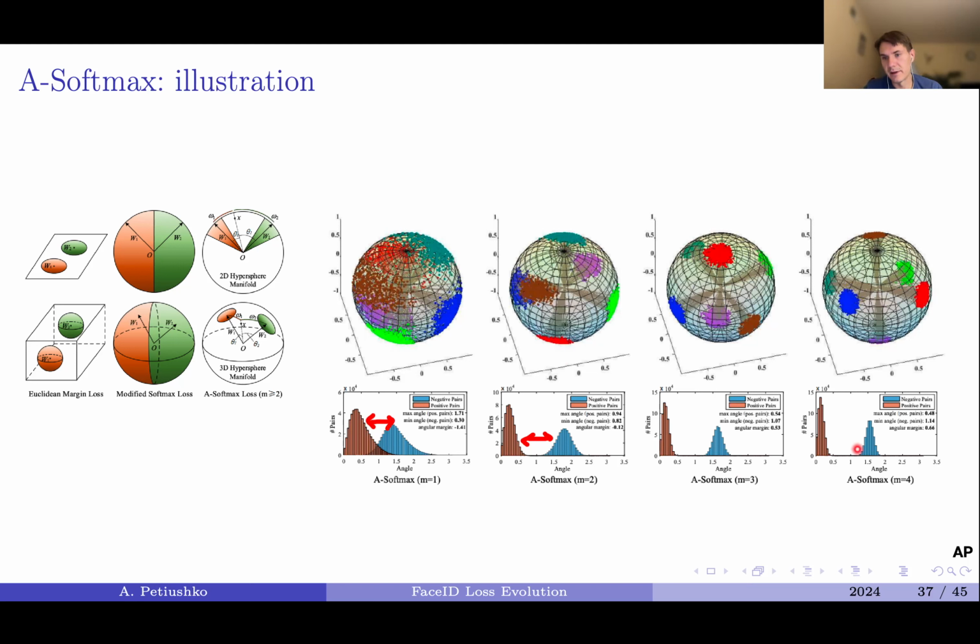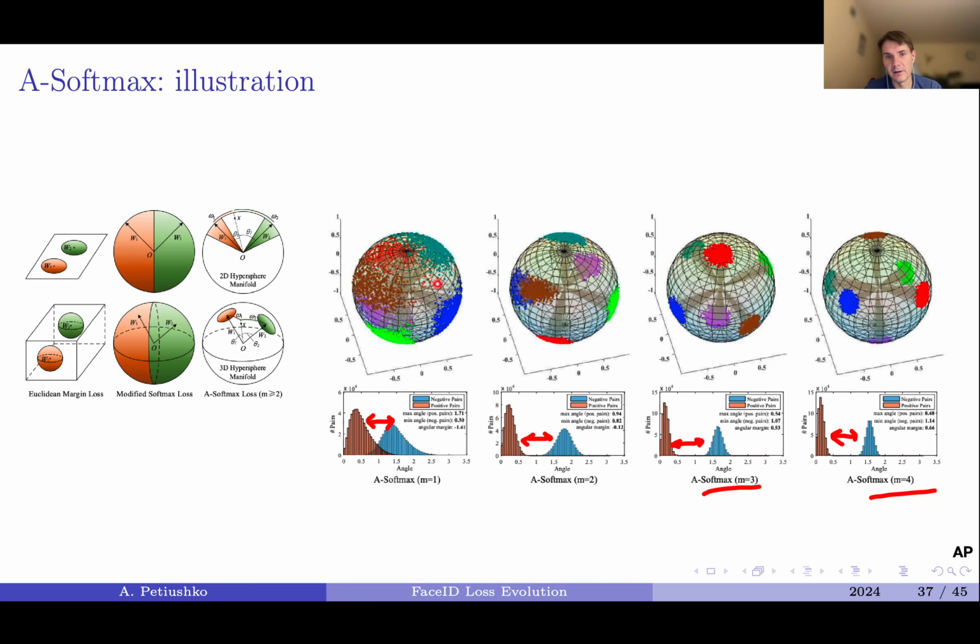For negatives, the distance between the distributions becomes bigger and bigger, starting from m equals 2, but mostly visible for 3 and 4. So usually 3 or 4 are used.